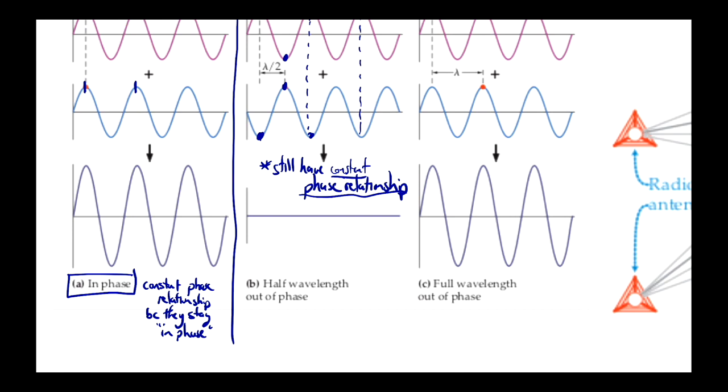That will still make them line up perfectly. Or I could wait until this one goes through one complete wave and two complete waves, and then start the second one. They still line up perfectly. They're still in phase. So as long as they differ by any integer multiple of their wavelength, we still get an in-phase coherent relationship, and you'll get perfectly constructive interference.